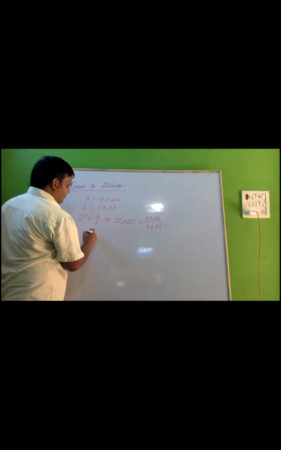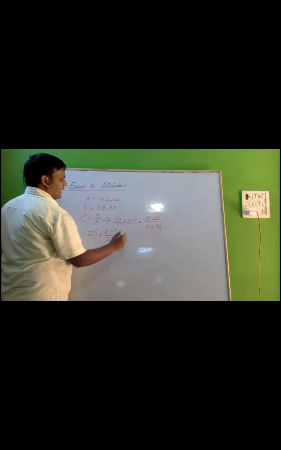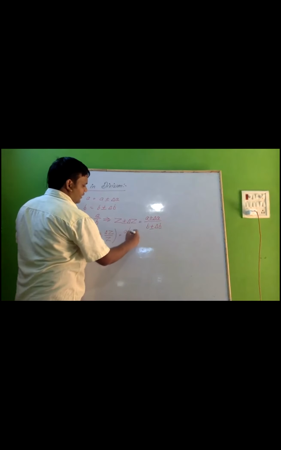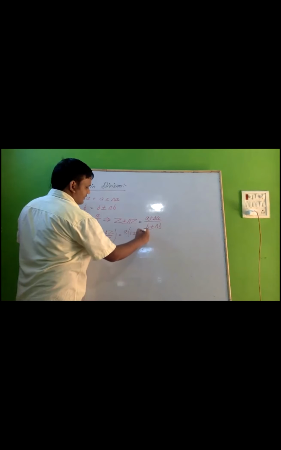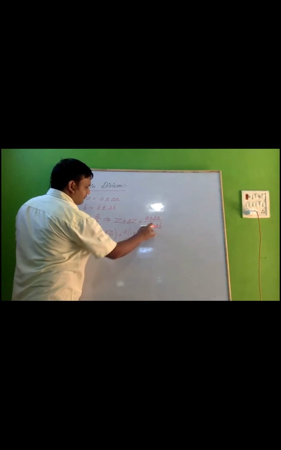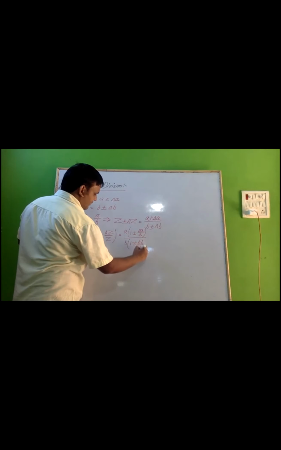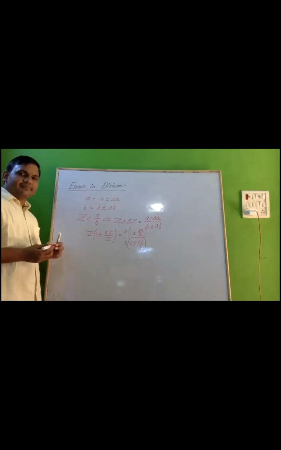Once you write these things, what you can do, you can take common. What you can take the common from here? You can take Z from here, and it will be 1 plus minus delta Z by Z. And once you will take A from here, it will be 1 plus minus delta A by A upon, once you will take B from here, it will be 1 plus minus delta B by B. Is it clear?